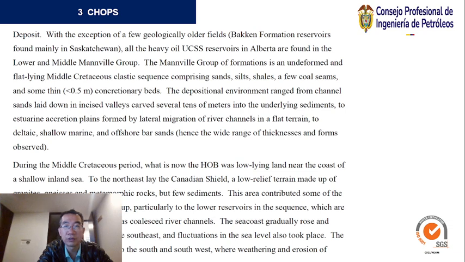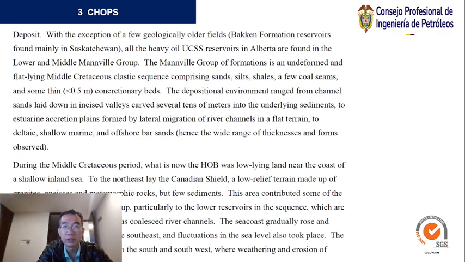All the heavy oil used as reservoirs in Alberta are found in the lower and middle Mannville group. The Mannville group of formations is an undeformed and flat-lying middle Cretaceous clastic sequence comprising sands, silts, shales, a few coal seams, and some thin concretionary beds.